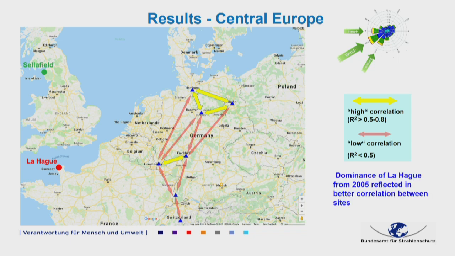However, one thing we found is that from about 2005 onwards the correlation between the sites increased, in particular in those areas here, and we believe that might be an effect of the dominating influence of a single source, so the dominating influence of La Hague.